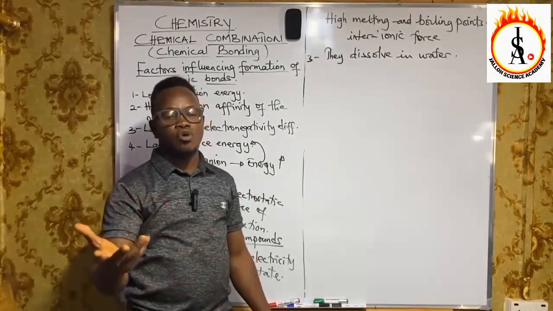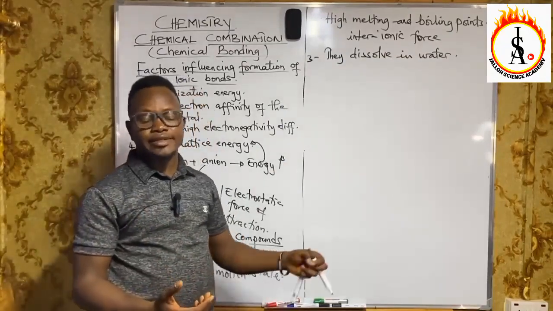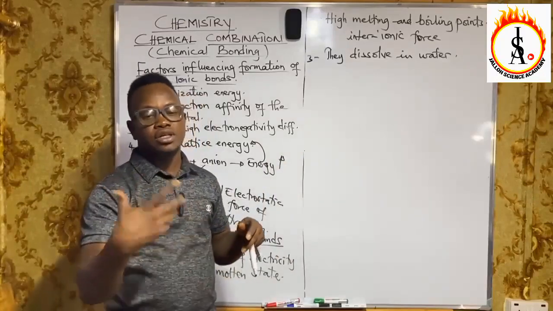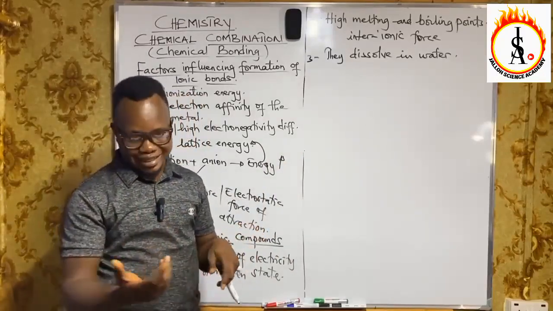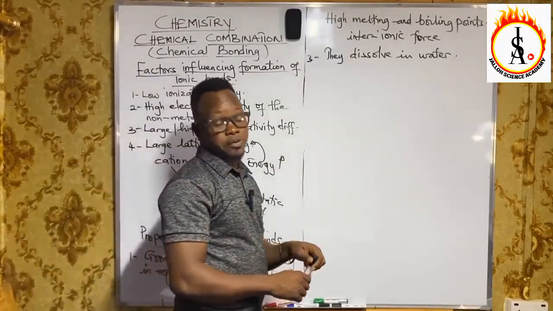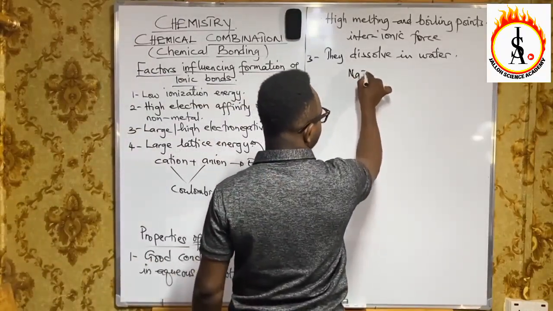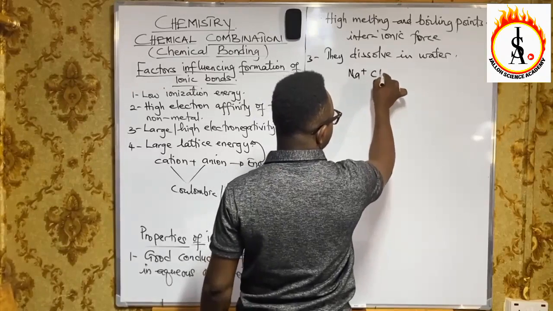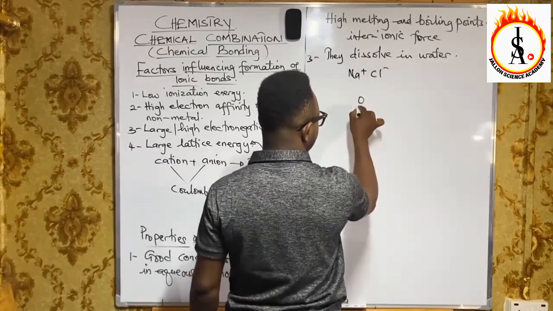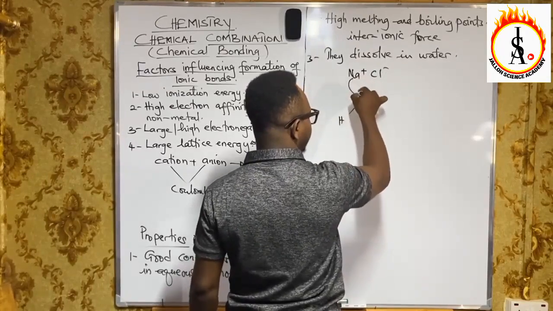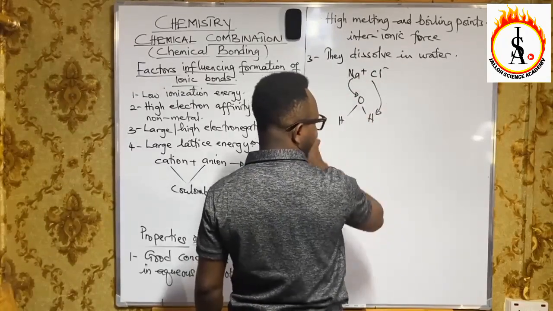They dissolve in water because there is a strong electrostatic force of attraction between the polar molecules and the ionic species. So you have sodium chloride here, Na+ and Cl-, and then you have a water molecule here. So this sodium is attracted to this and this is attracted to this.